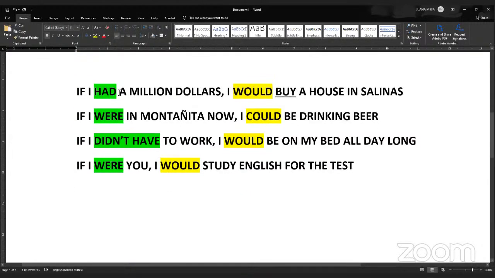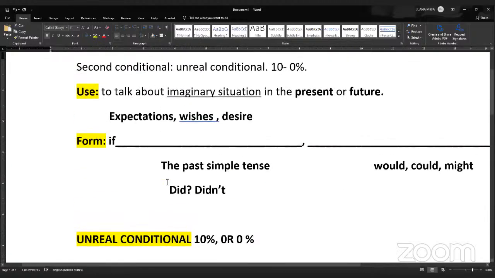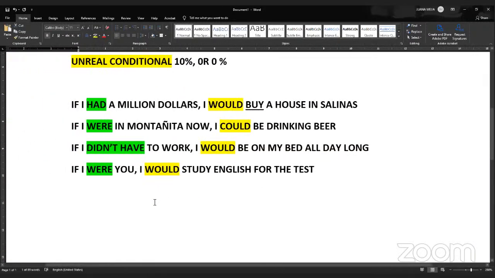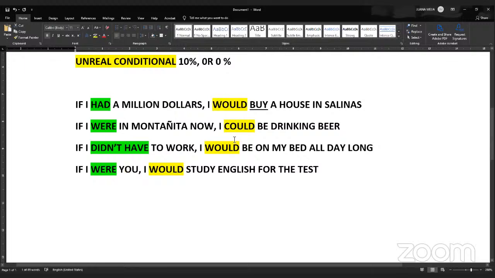You see, had is past. Were is past. Didn't have is past. Were is past. And then, the second clause, we have three options. Would, could, or might. You see, would, could, and might. Siendo would la más utilizada.